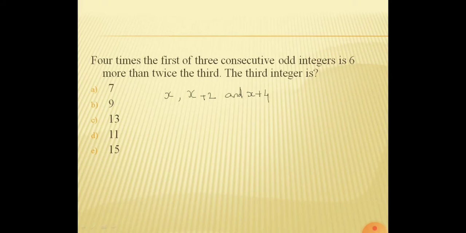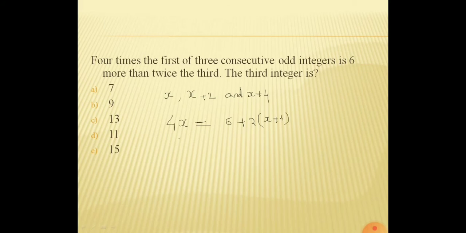So x, x plus 2 and x plus 4 will be the consecutive odd integers, and it is given that 4 times the first, that is 4x, equal to 6 more than, which means 6 plus 2 times the third, that is x plus 4, right?